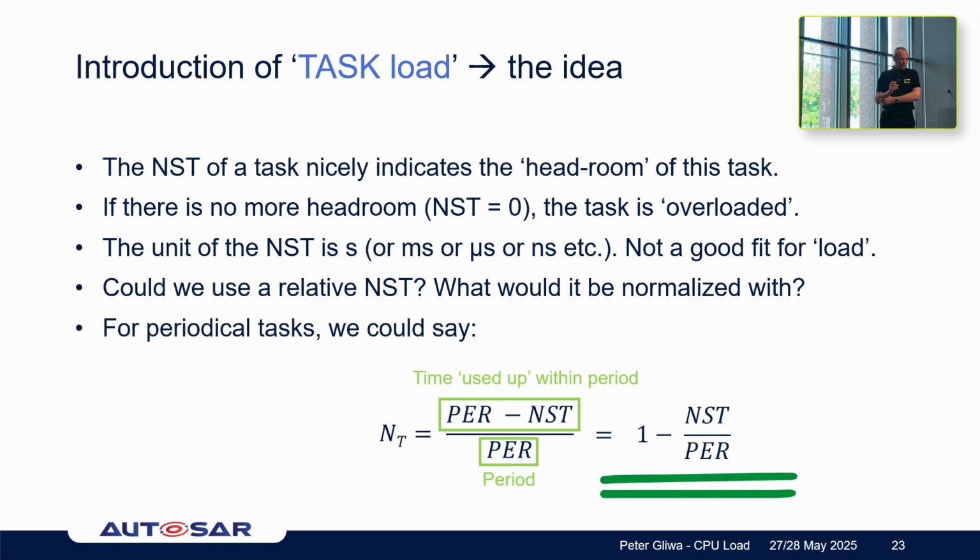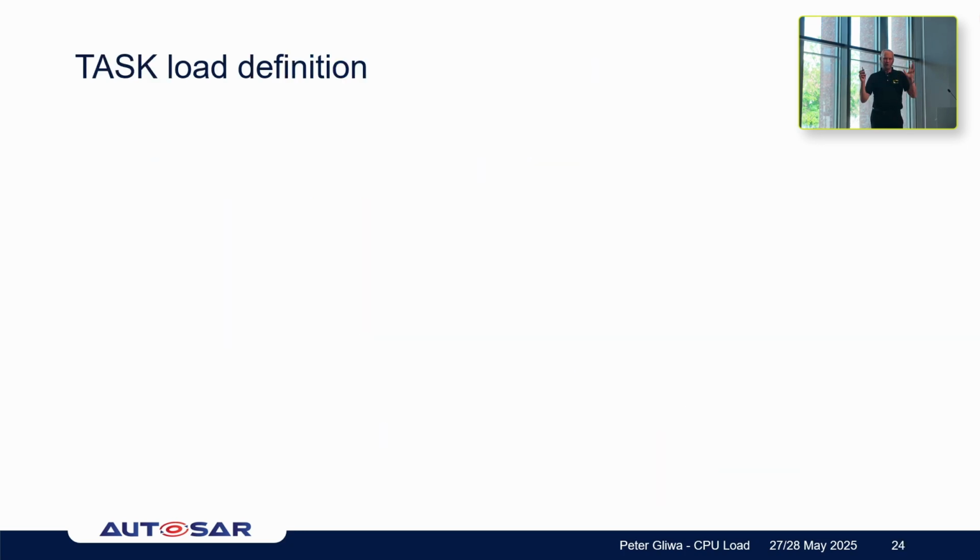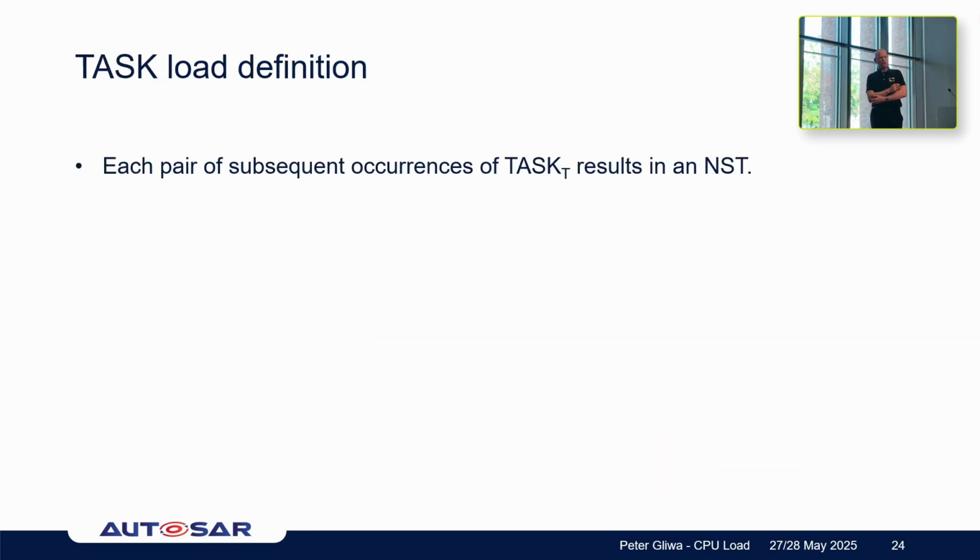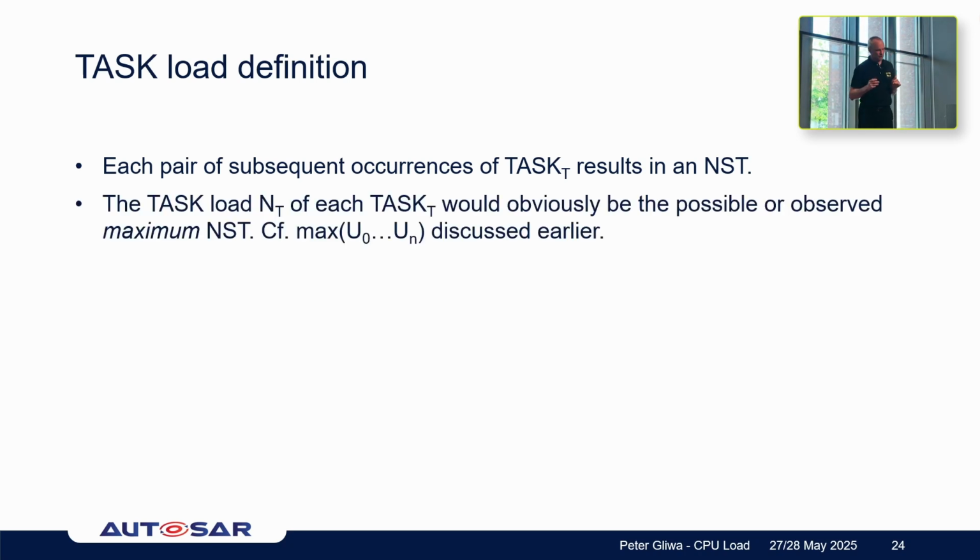Okay, so now a more formal definition, if you like. Each pair of subsequent occurrences of task T results in a net slack time for this task T, right? Then the task load N_T of each task T would be the possible or observed maximum of the NST, right?